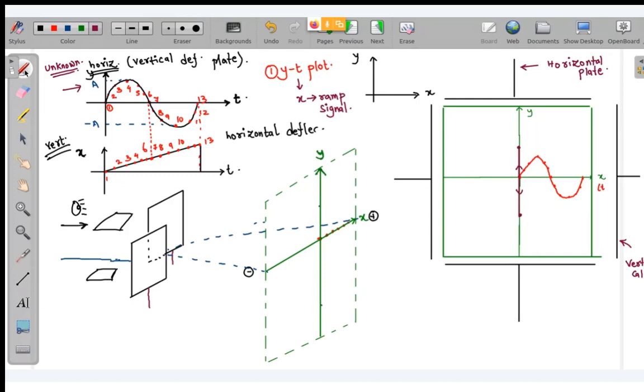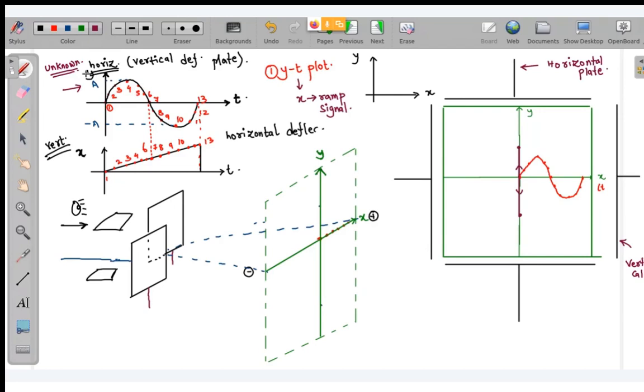I said basically this sinusoidal signal, if you remember, was given to your horizontal plate, or you can say vertical deflecting plate. This signal, basically we were doing analysis. This signal was unknown, because for a known signal we don't do analysis.